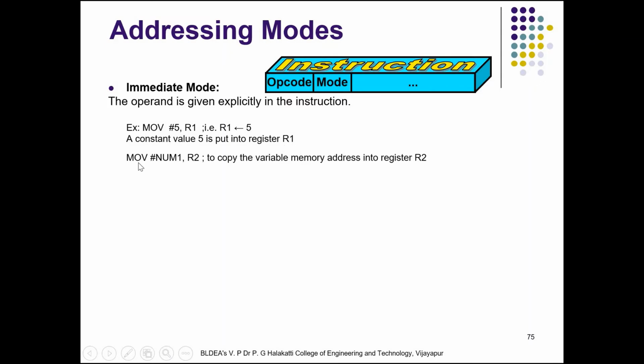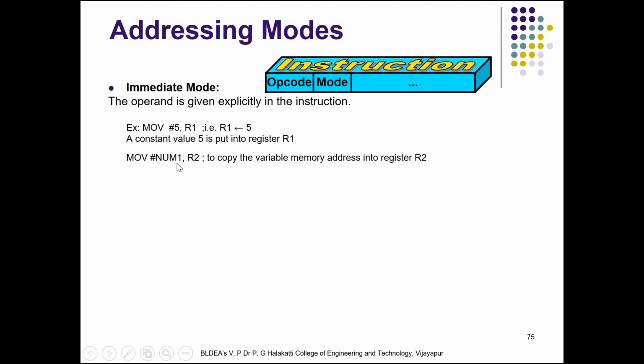Similarly, if I am going to write the hash symbol in front of a variable like num1, so if I write move #num1, R2, here what will be copied? Here I am giving directly the value, so the value will be immediately copied into register R1. Whereas here I have given the name of a memory location, that is num1.